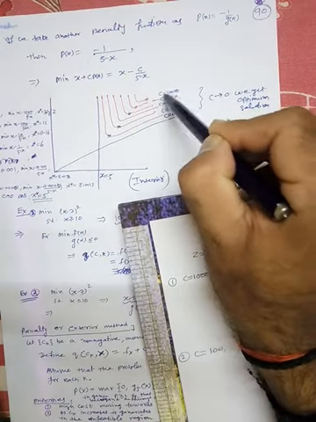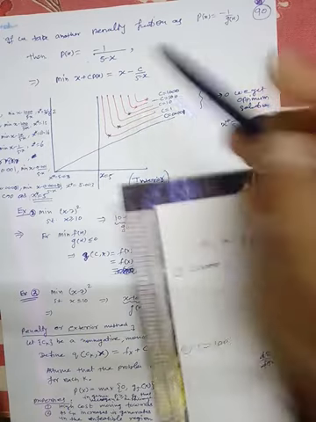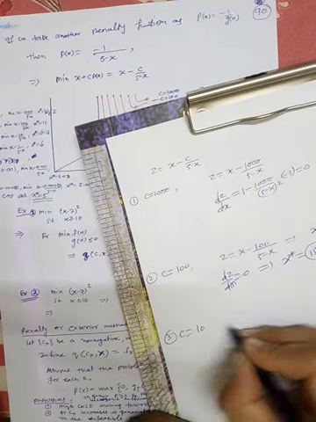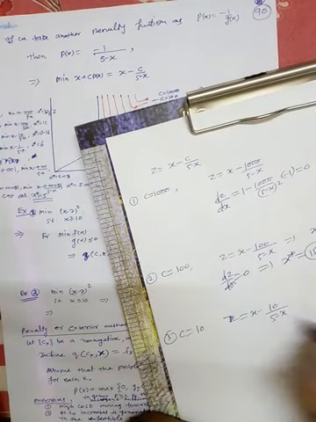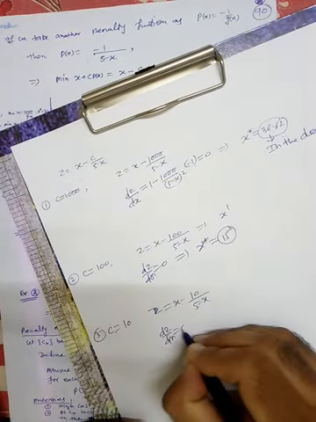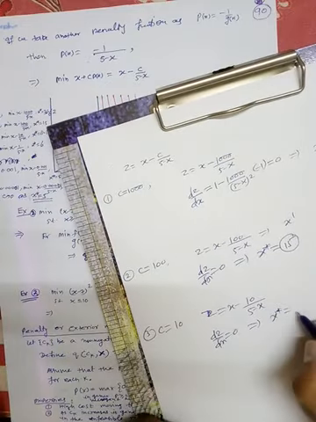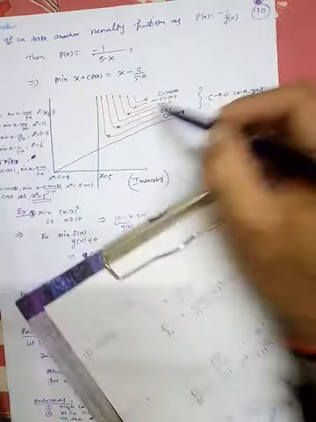So this is for c equal to 1000. This second curve is for c equal to 100, and slowly c is say 10. Then z is x minus 10 by 5 minus x. Then dz by dx equal to 0 implies x star is equal to 8.16, and the corresponding curve is this third one, this curve, c is 10.